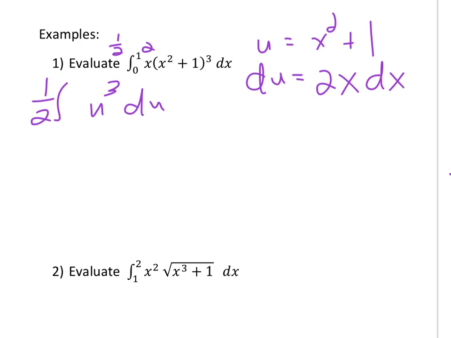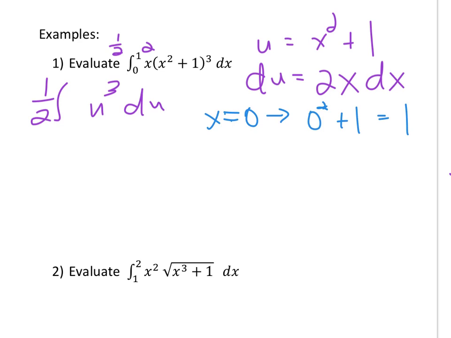So if we look at an x value of 0, that's going to give me my u value of 0 squared plus 1, or in other words 1.